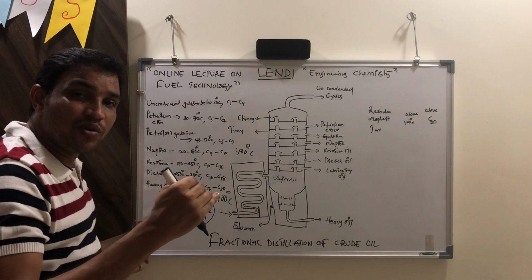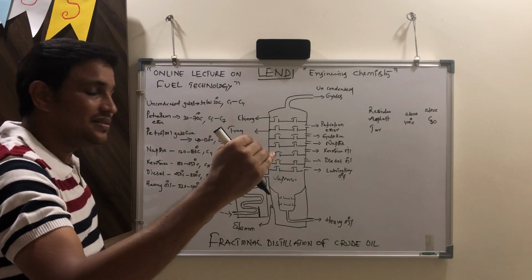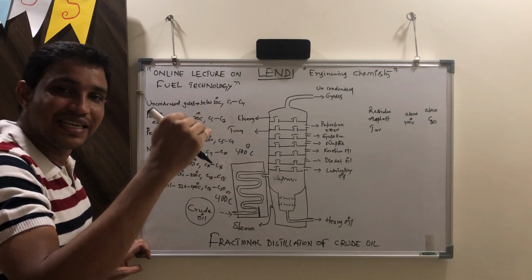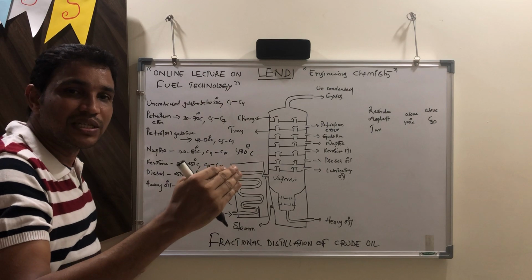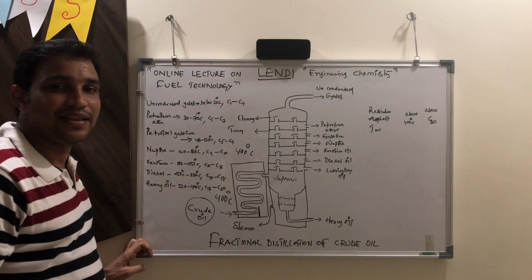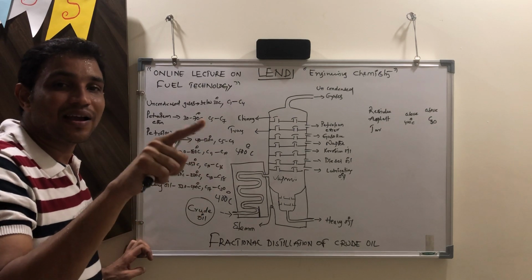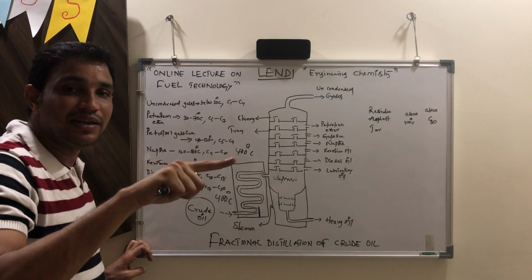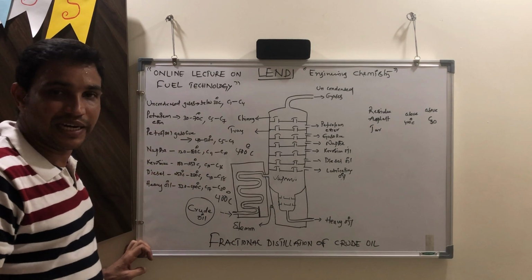While moving slowly towards the chimneys at each tray, they lose some amount of heat. When they lose some heat, they condense and become liquids, right guys?